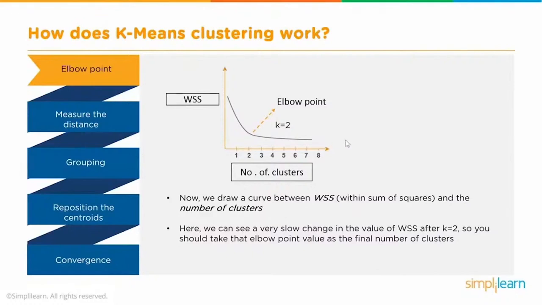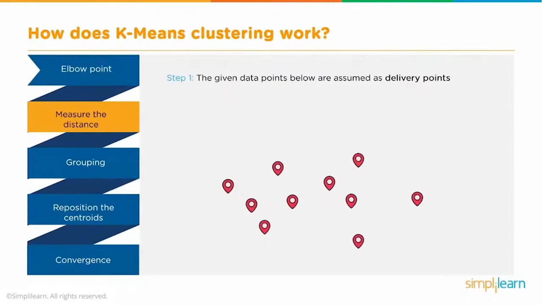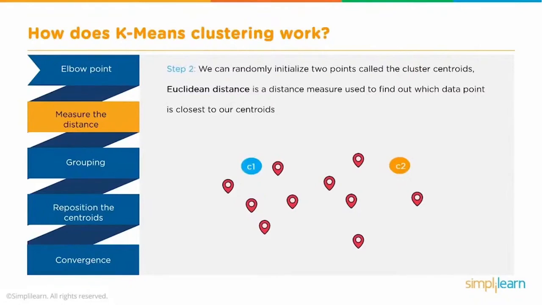Okay, now that we have got the value of k, and let's assume that these are our delivery points, the next step is basically to assign two centroids randomly. So let's say C1 and C2 are the centroids assigned randomly. Now the distance of each location from the centroid is measured, and each point is assigned to the centroid which is closest to it.